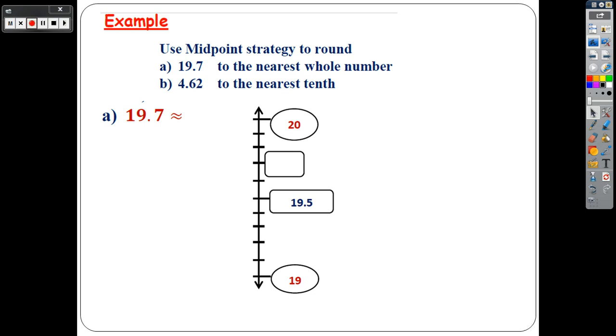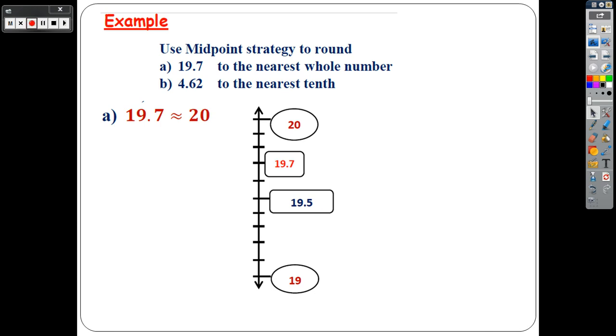Yes, it's above, because 19.7 is more than 19.5. Since 19.7 is above 19.5, it's close to 20. So if you round 19.7 to the nearest whole number, it will be 20.